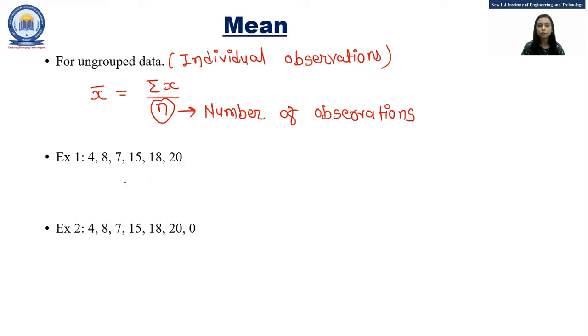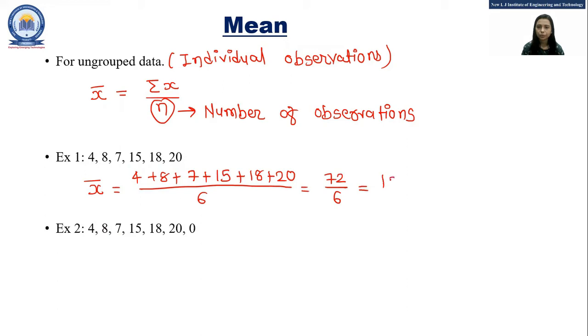So x bar is nothing but sigma x upon n, that is 4 plus 8 plus 7 plus 15 plus 18 plus 20 divided by n, the number of observations, which is 6. So 72 by 6, which equals 12.